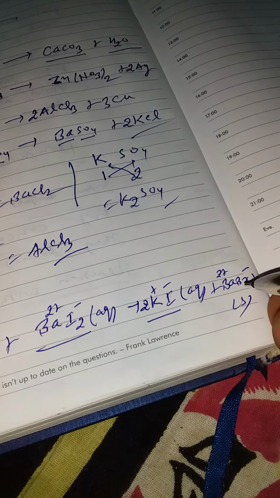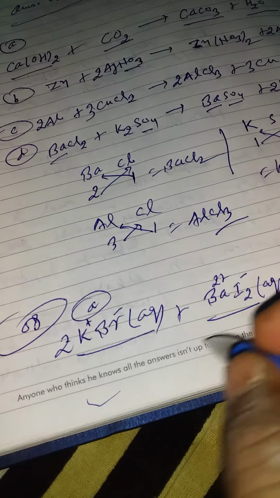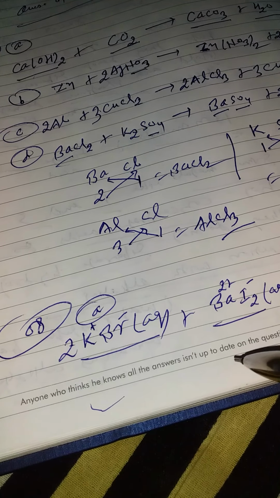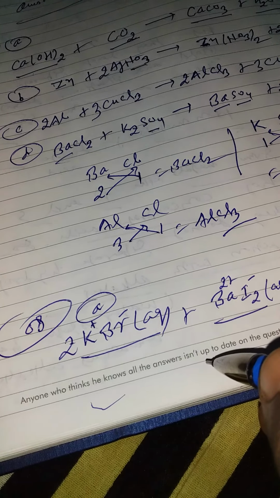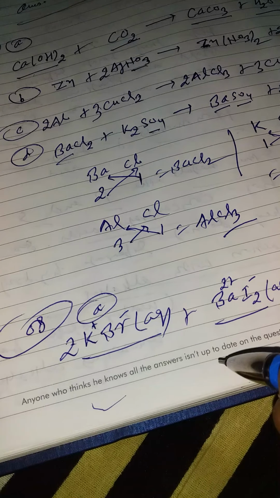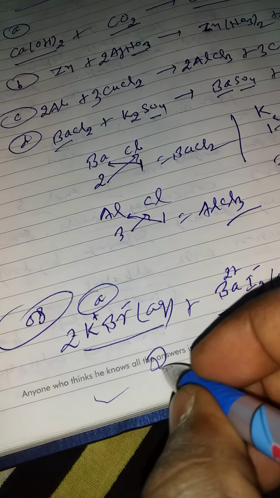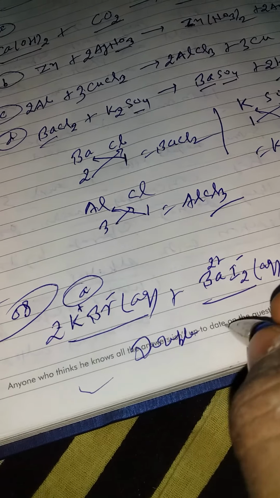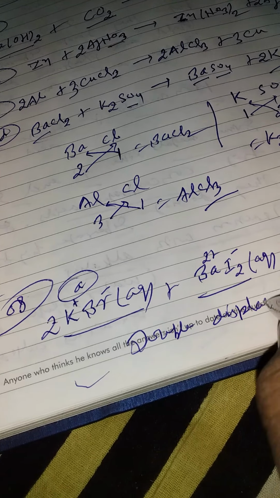So we see that here exchange of ions takes place, and such a type of chemical reaction in which exchange of ions takes place is known as double displacement.